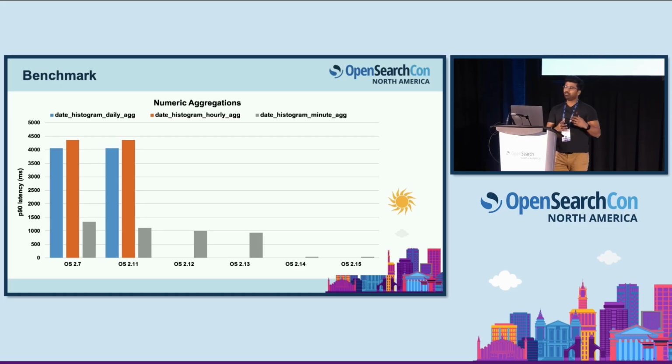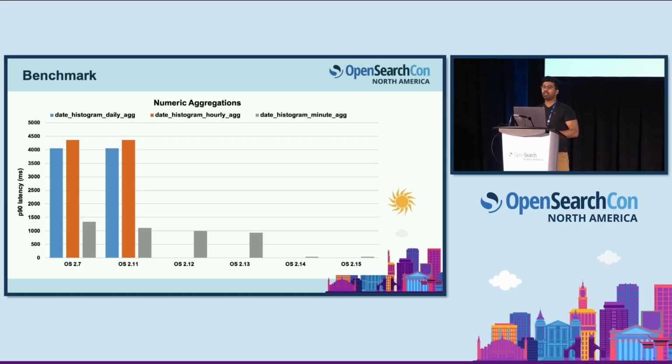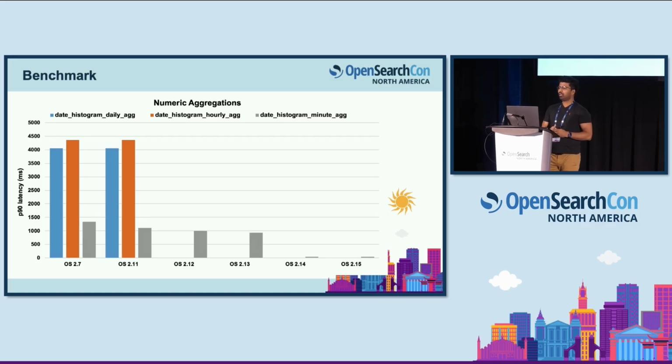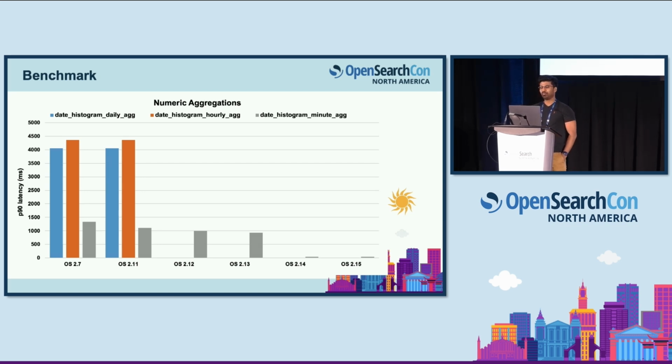So when you are requesting daily aggregation on 10-day data, you have just 10 buckets. When you do hourly aggregations, it will be 240 buckets. And when you do minutely aggregation, I don't know how many it is, but we can probably multiply. It's going to be more than 10K.